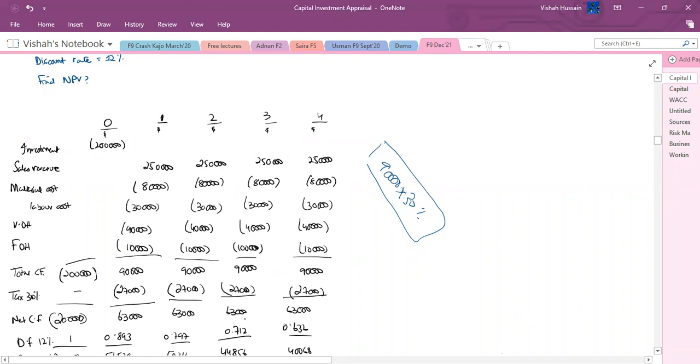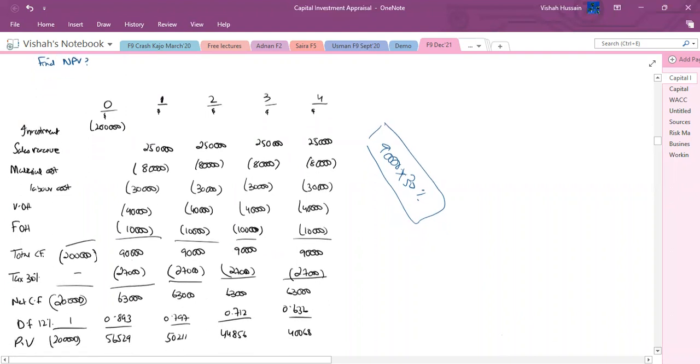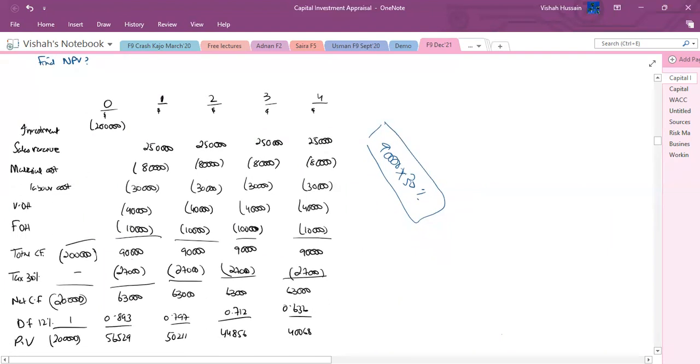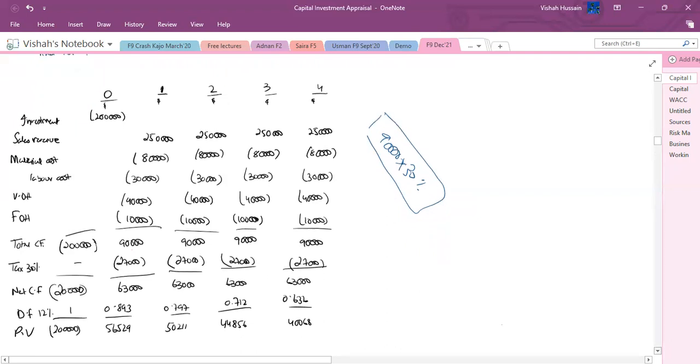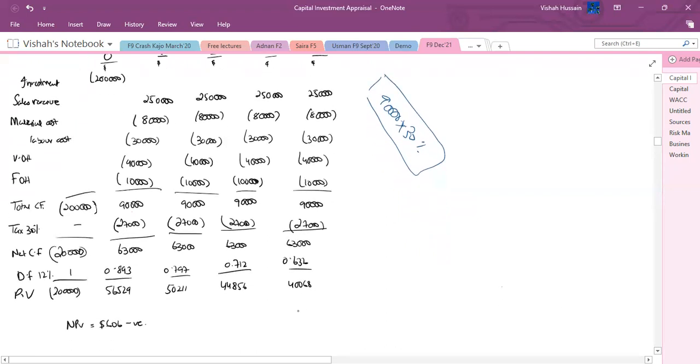So 63,000 is your net cash flow, multiply it by the discount factor of 12%, and you get your present values. Once you get your present values, add these together, subtract it from 200,000, you get negative $606. Therefore, you're going to reject the project.